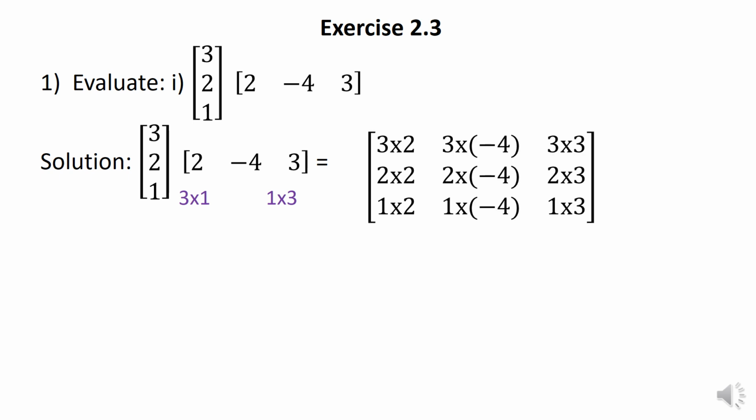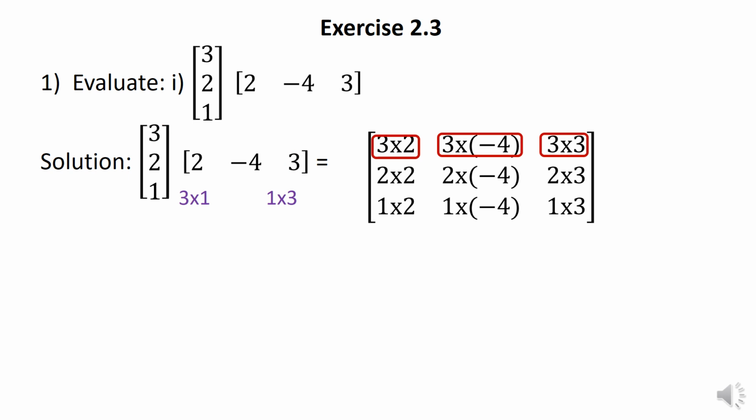And we get the answer like this, where what has been done? Yes, the element in the first row of the first matrix is multiplied with the element in the first column of the second matrix to get this particular element. Then the element in the first row, that is 3, is multiplied with the element in the second column of the second matrix, that is minus 4. Thus this answer. And the same thing for the third element also to get this answer.